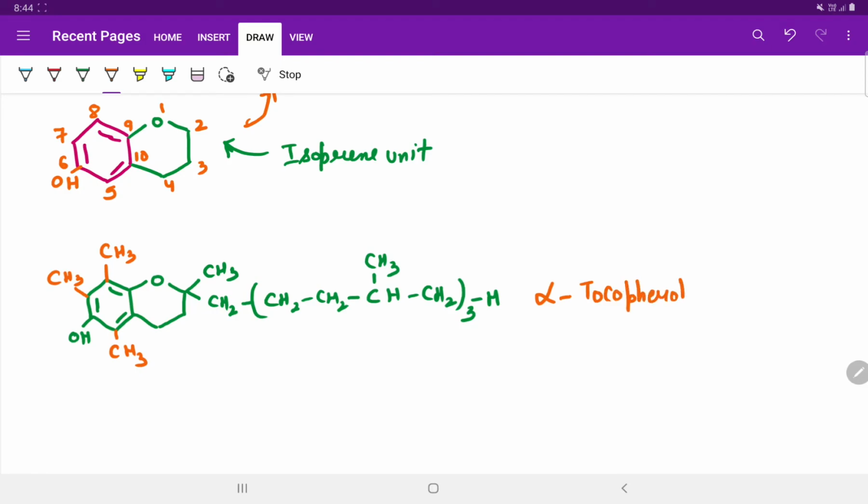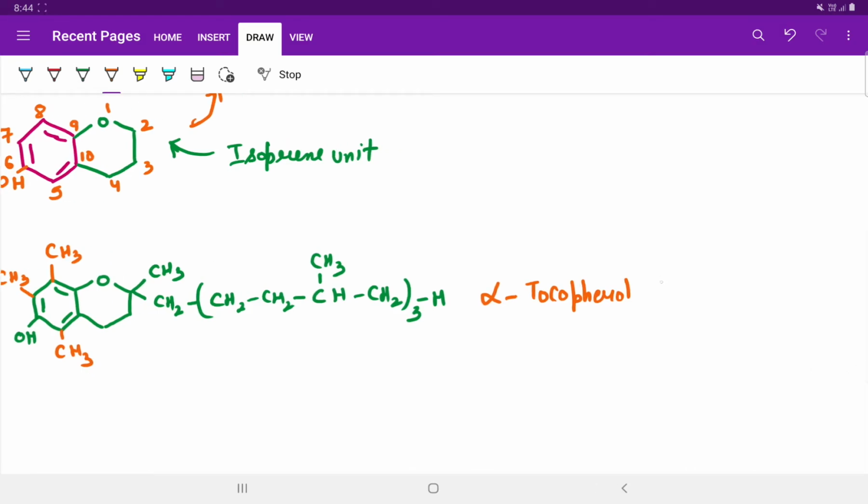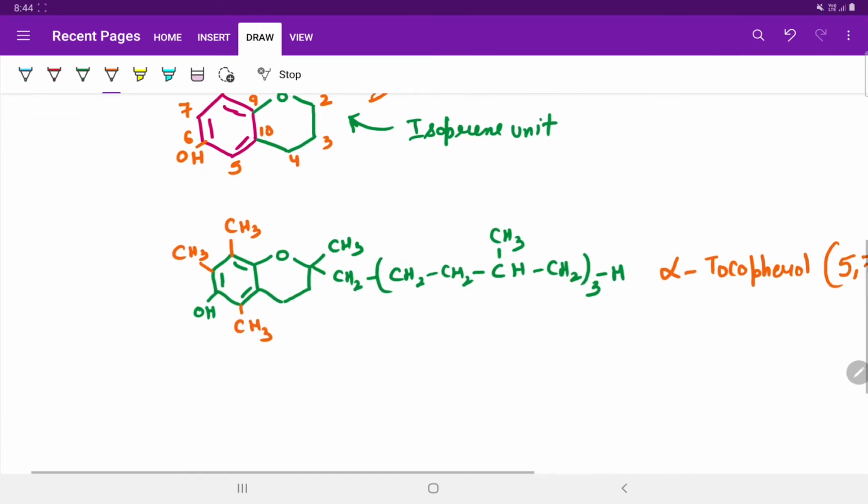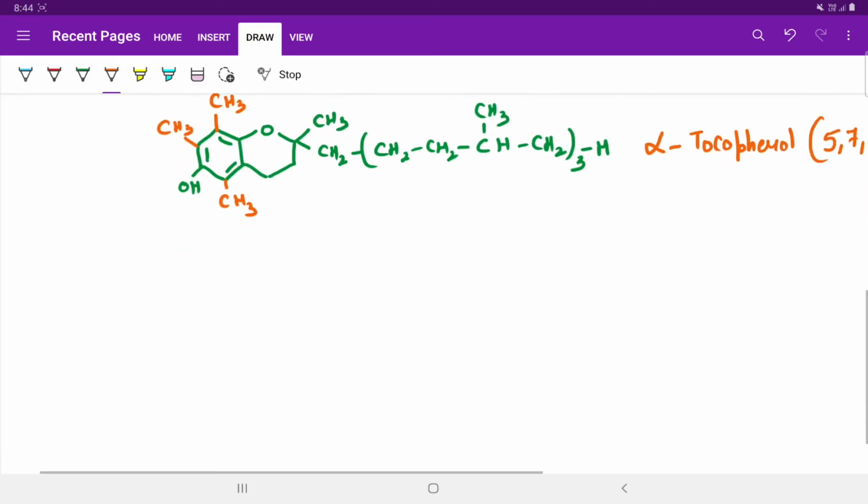This is the 5,7,8 trimethyl tocol ring. So this is the structure for alpha tocopherol.